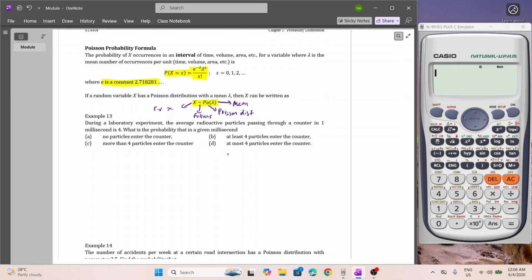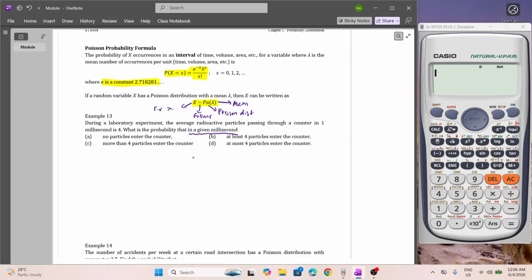So in this situation, we want to find the probability that there are no particles entering the counter. And from the question, if you notice, it is given that in a given millisecond, it means that the constraint for the random variable or for the radioactive particle is in milliseconds.